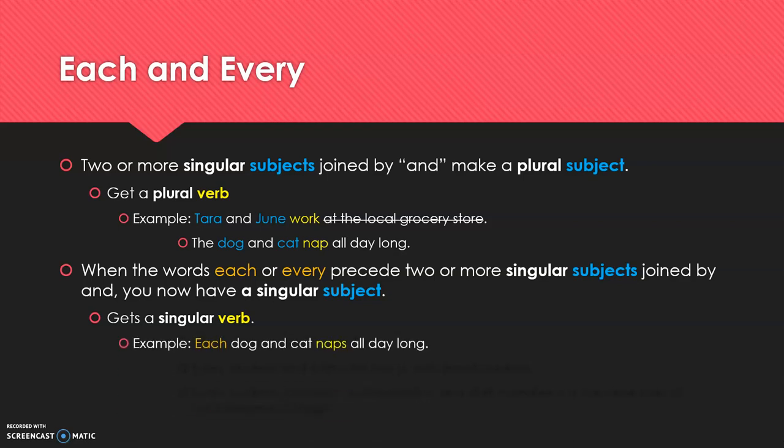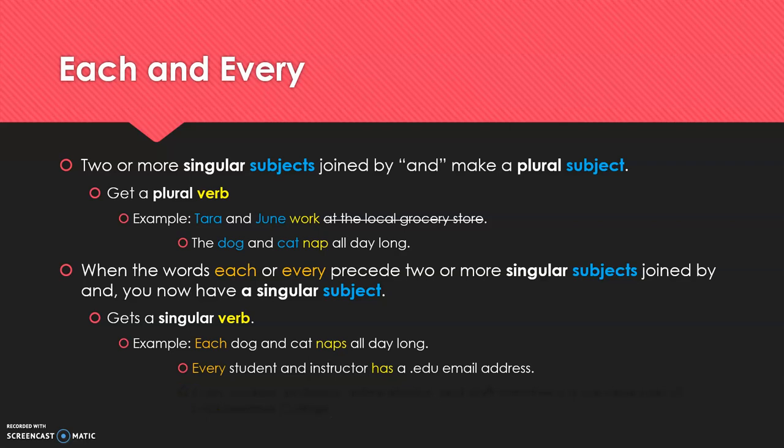So here we have the same exact sentence as above, the dog and cat nap all day long, but we add that word each, which makes it singular, and therefore the verb changes to naps, our singular verb. Now, this is because you are talking about each one at a time.